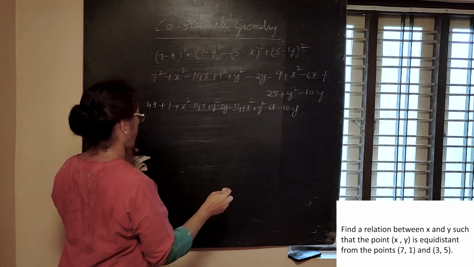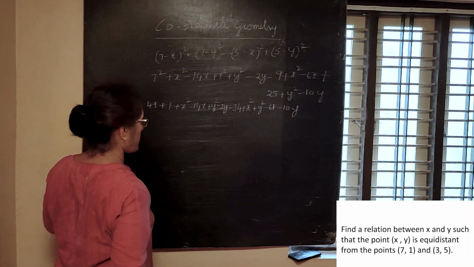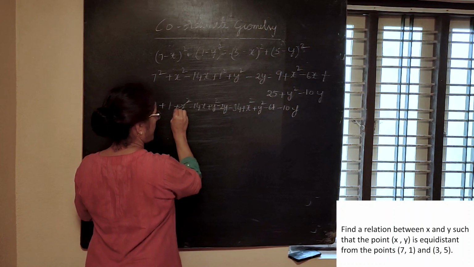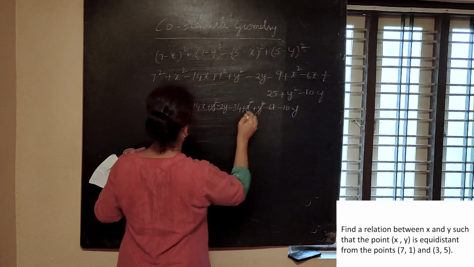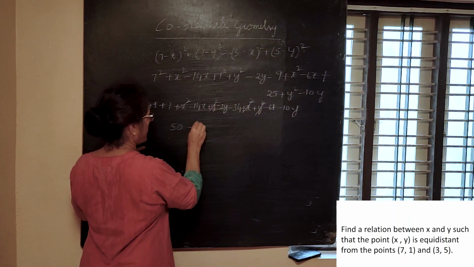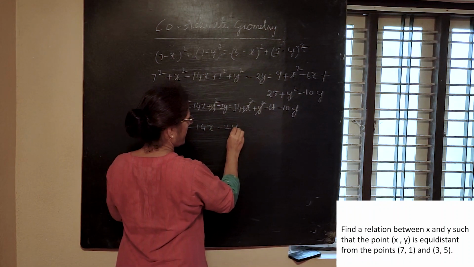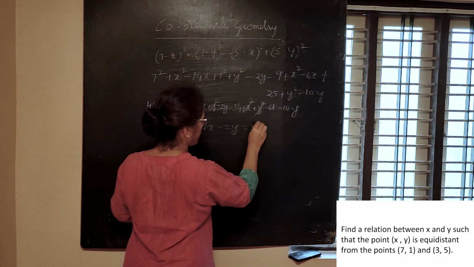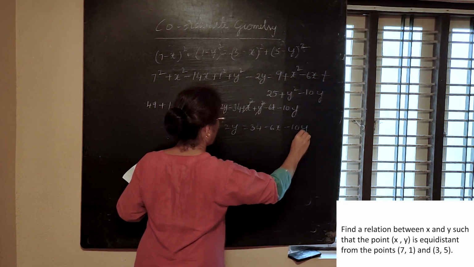So x square plus y square, you can bring to the same side and it becomes 0, or I can cancel it directly, x square on either side, y square. So what do you get? 50 minus 14x minus 2y is equal to 34 minus 6x minus 10y.